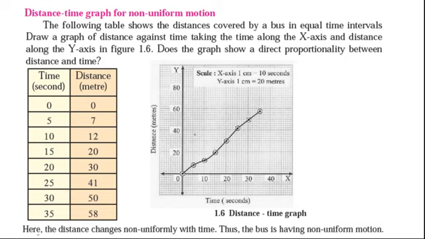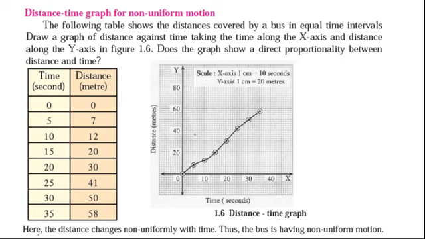On the basis of this table, again I plot a graph. The procedure is the same. Time is plotted on the x-axis and distance is plotted on the y-axis. On the basis of the table we plot points, and I try to connect them with a line. What I observe here is that the line is not straight. What does it mean?